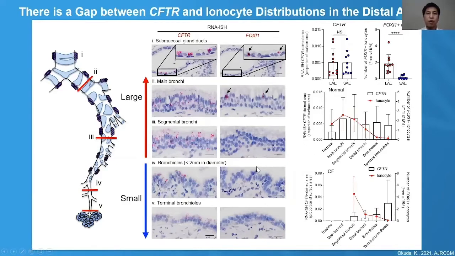This CFTR and ionocyte distribution pattern is also observed in CF airways. And this data may imply the importance of non-ionocytes contribution to CFTR expression and function in small airway regions. We posit that may be a secretory cell.